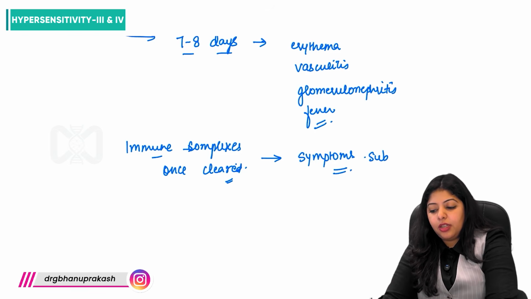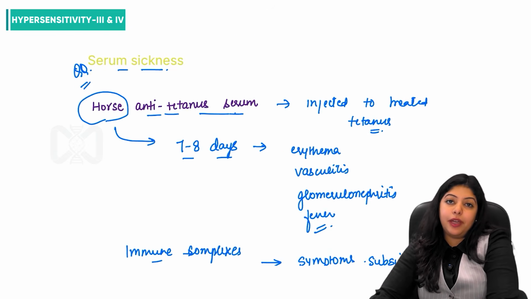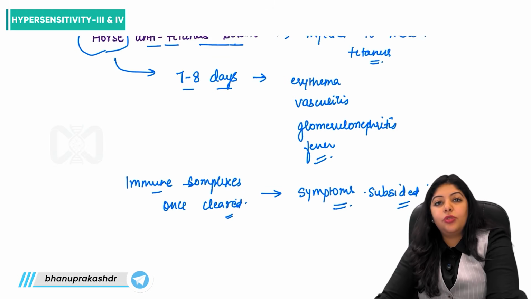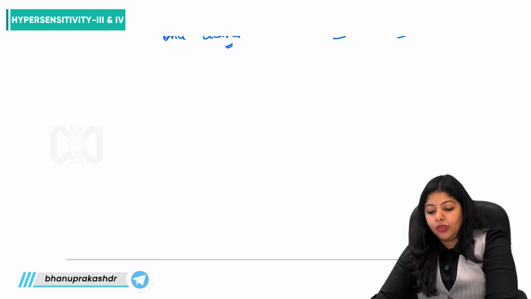So it is not a scenario now, but serum sickness in itself is asked as a question, that it is an example of which type of hypersensitivity reaction. It is only because of the formation of immune complexes in the circulation.